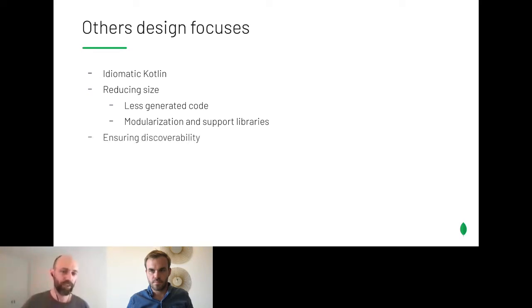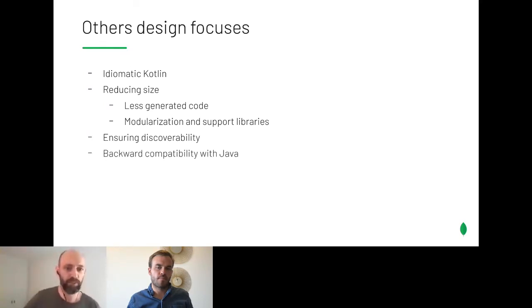As we've already also seen, we are trying to ensure that our SDK is as discoverable from the IDE directly. And we're also trying to ensure that the API is backward compatible with Java. This might not be the most idiomatic Java, but at least we try to do it without causing major headaches.